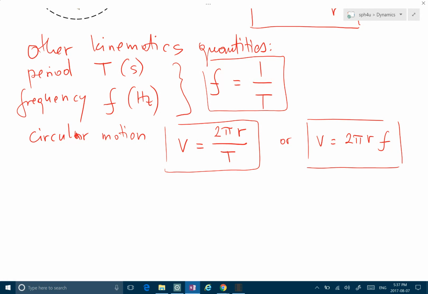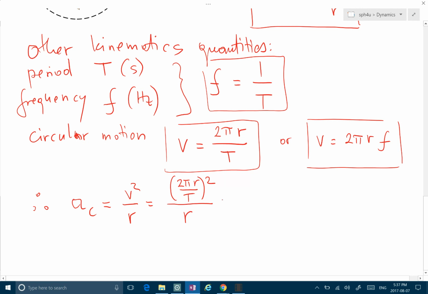Therefore, if I were to find the acceleration in terms of period or frequency, recall v squared over r. Instead of v, I'm going to write 2 pi r over T, squared, over r. If I expand, I get 4 pi squared r over period squared, or 4 pi squared r times frequency squared.